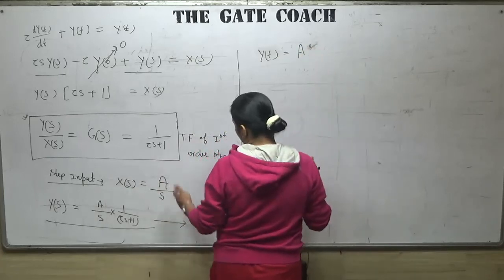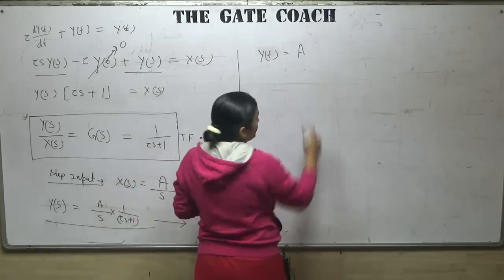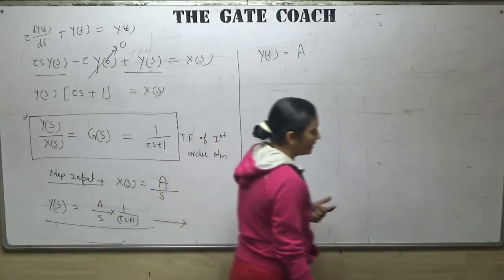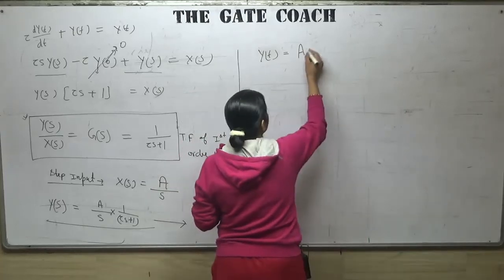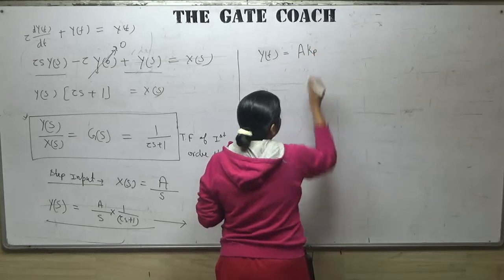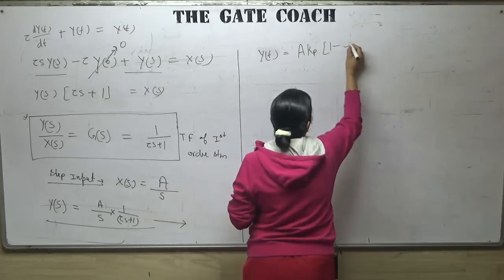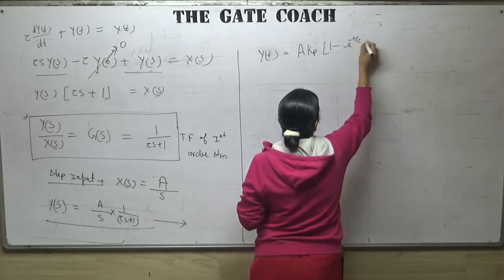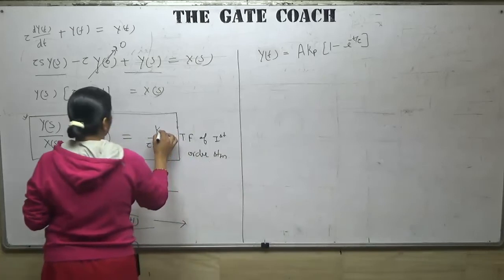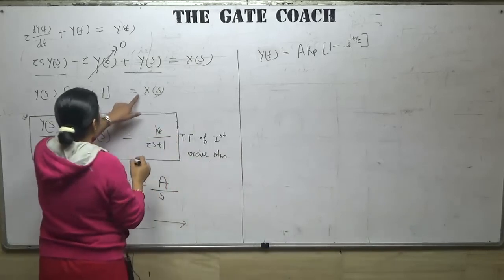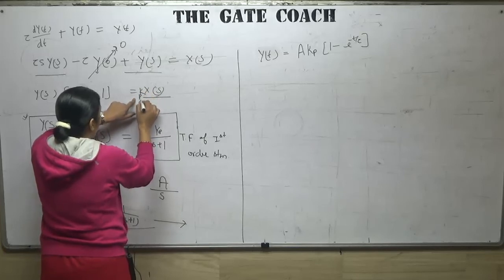And it will come as the equation y(t) is equal to A. In many cases the steady state gain is there, which we will discuss. So this will be Kp, the steady state gain of the process, into 1 minus e to the power minus t upon tau. In few equations you have some constant with x(t), like K_p.